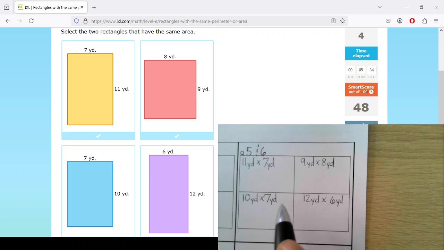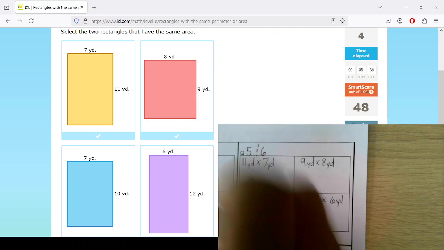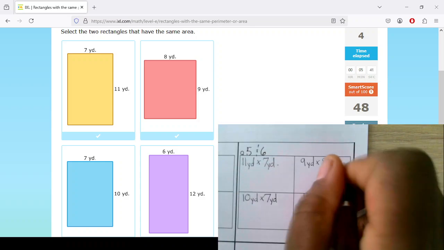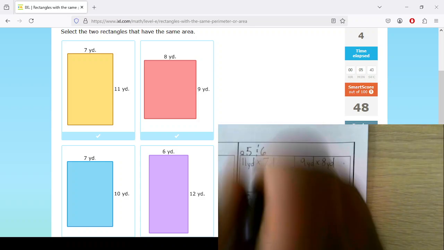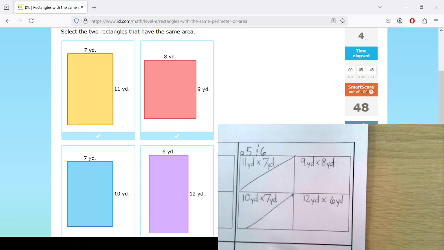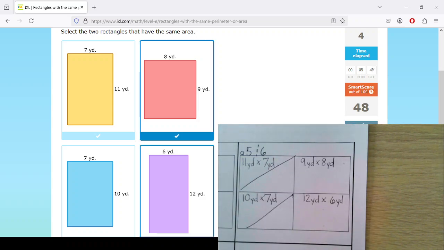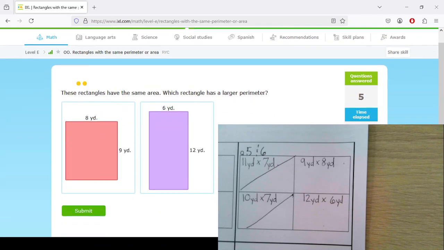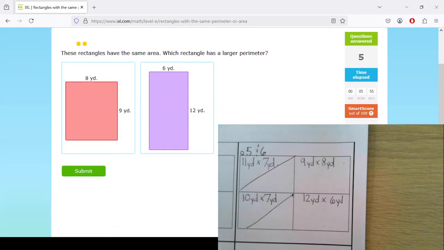So select the two rectangles that have the same area. So I'm looking at 77, 72, oh here we are, 72 and 72. 9 times 8 and 12 times 6. Which rectangle has a larger perimeter?